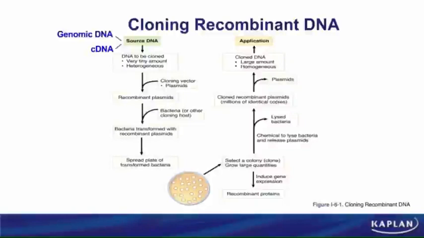If I want to clone the insulin gene, it's very tiny amounts and very heterogeneous. The goal is to amplify that piece of DNA, in this example the insulin gene, and make millions of copies of it.